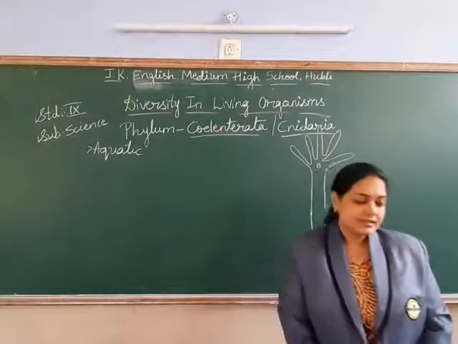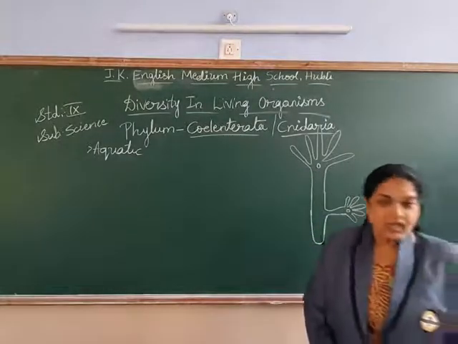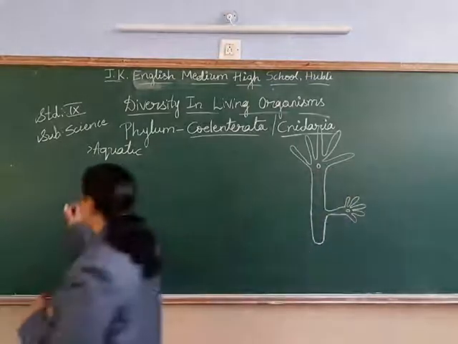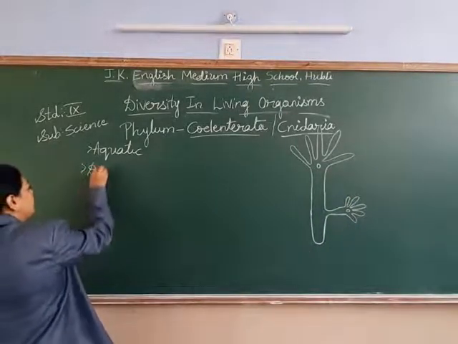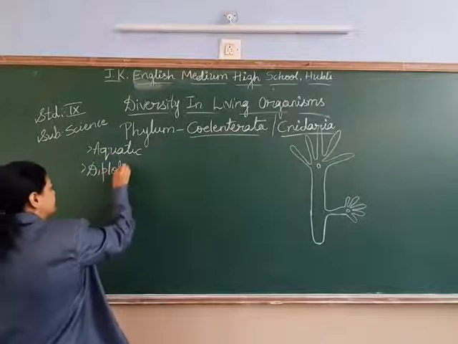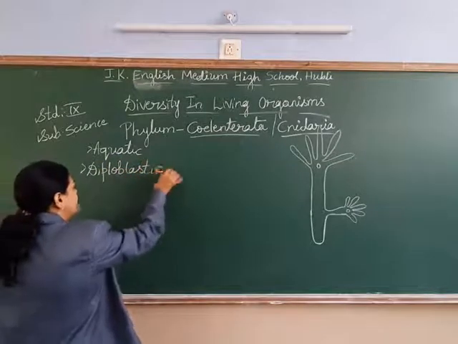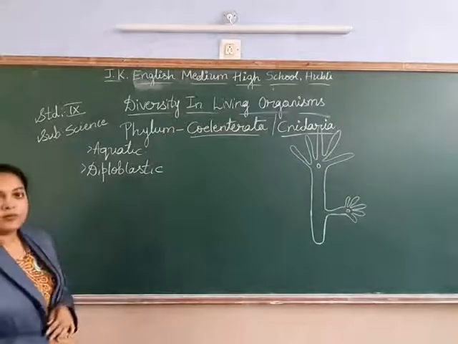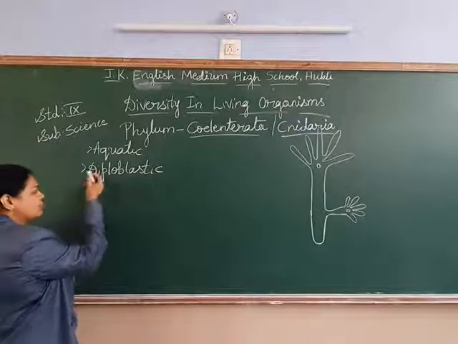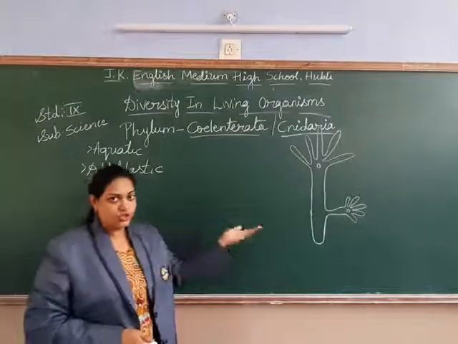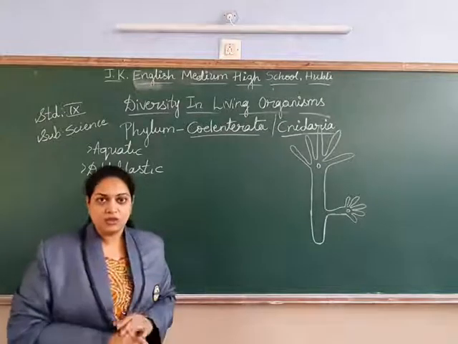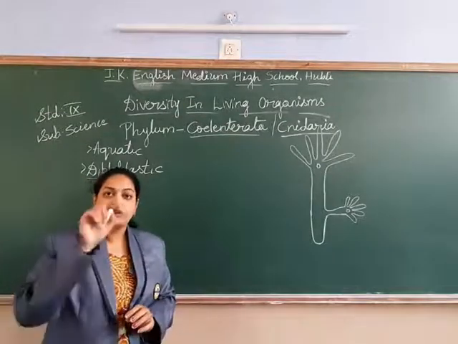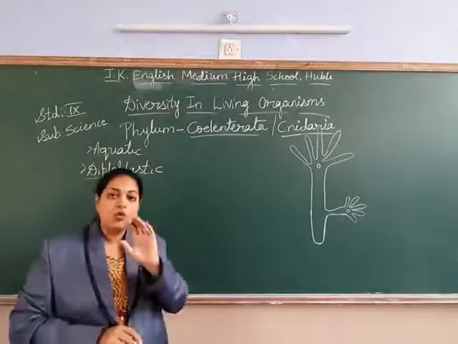One thing we can say, students, these are aquatic. The second one, these animals are diploblastic. What is the meaning of diploblastic? Di means two. If you take a section of these animals and observe, you are going to get 2 germ layers, 2 body layers.